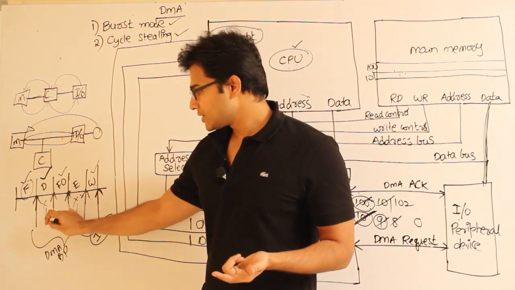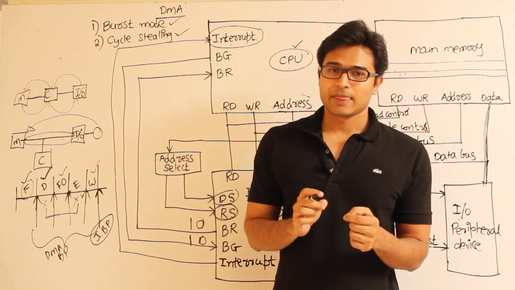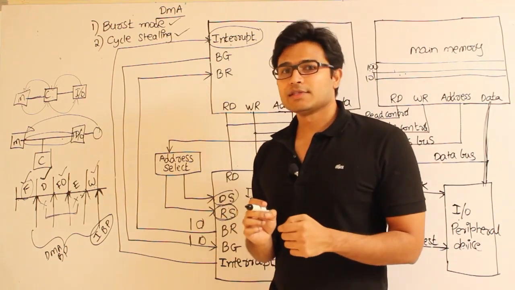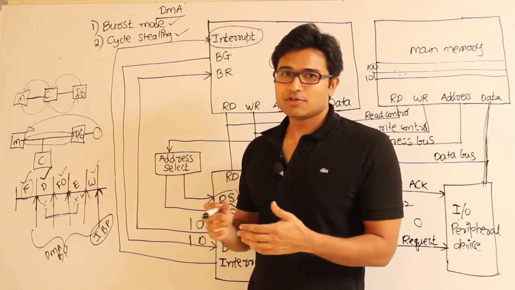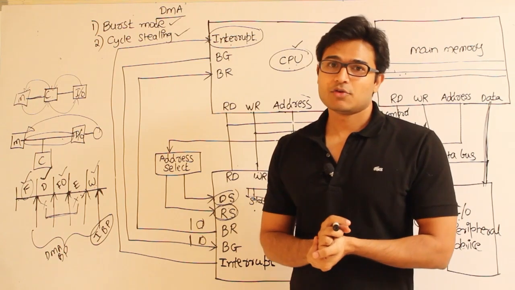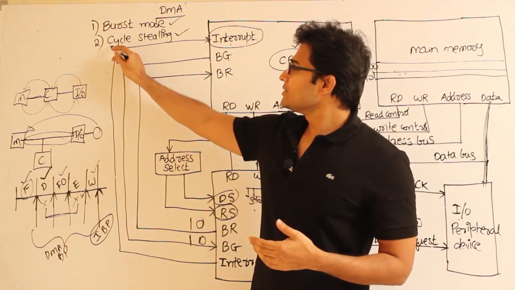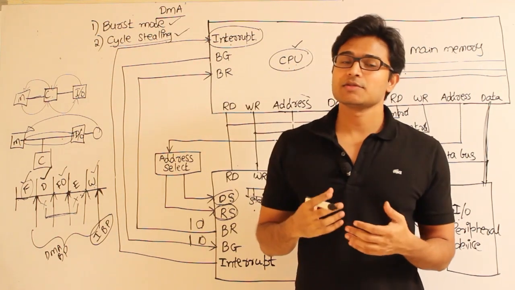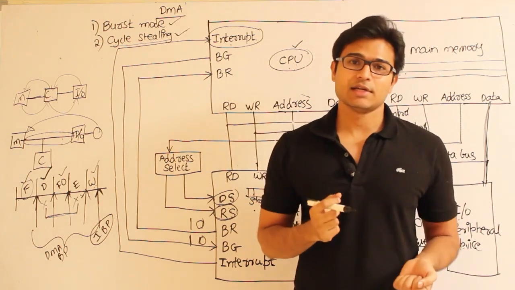So some textbooks say that if you configure your DMA in such a way that it will take control of the bus whenever the CPU doesn't need it, then if the CPU is not using the bus, it need not even inform the CPU, right? Which means it is transparent. So some textbooks say that cycle stealing is nothing but the transparent way of taking the system bus whenever the CPU doesn't need it.